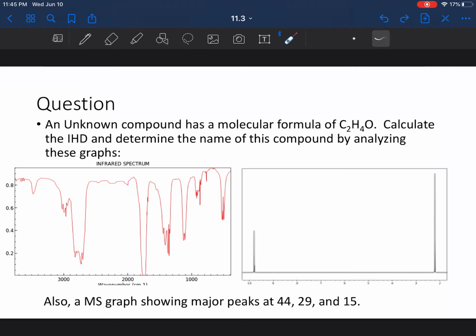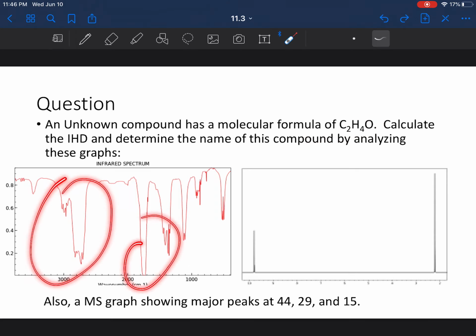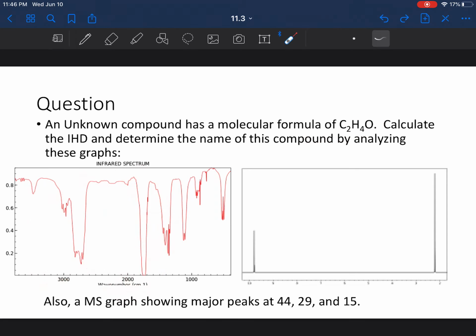Once you're done, I want you to write your answer in the comments. Sometime tomorrow, I guess, I will tell you what the answer is to see if you got it right. Of course, I know what the answer is. I'm not going to tell you right now. So, do that for today. C2H4O, your job: find the IHD, look at these peaks, look at this, and tell me what the main functional group is.